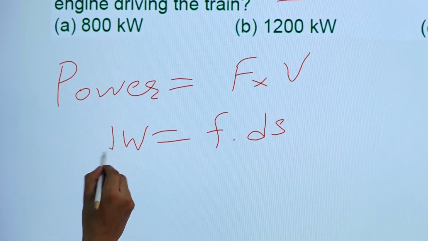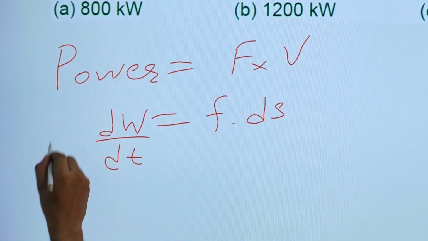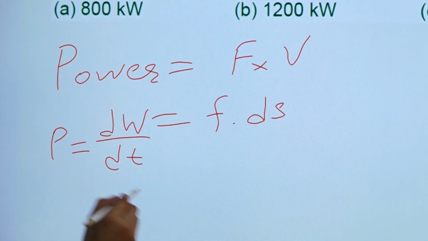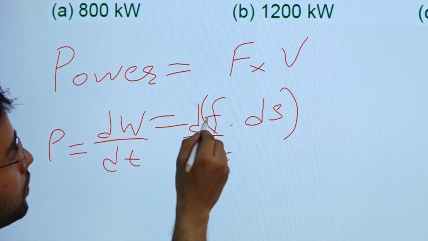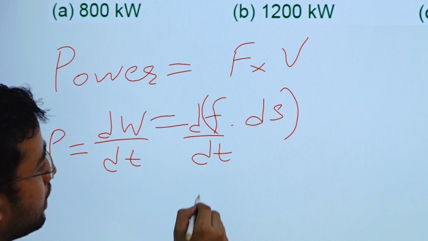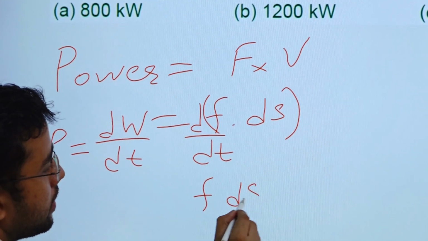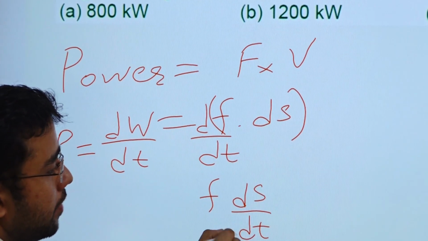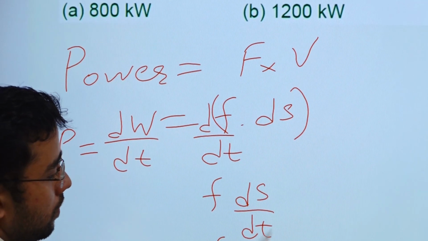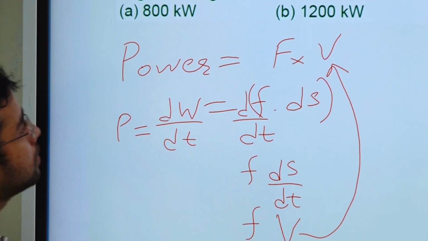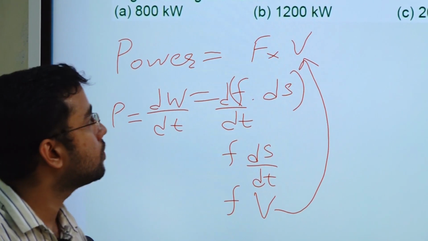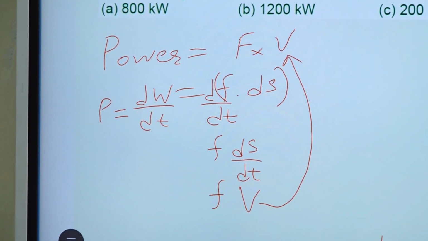Power is dW by dt, work done per unit time. So d by dt, if F is common, d by dt will go inside and we will get ds by dt. So this ds by dt will be equal to velocity. So from here it came, right? So the simple formula of power is force into velocity, right?